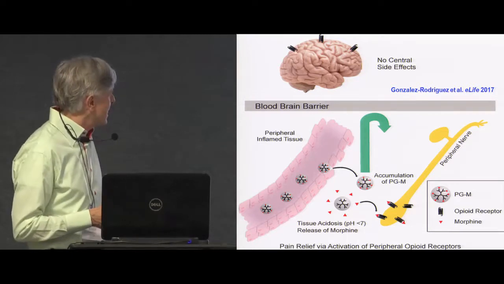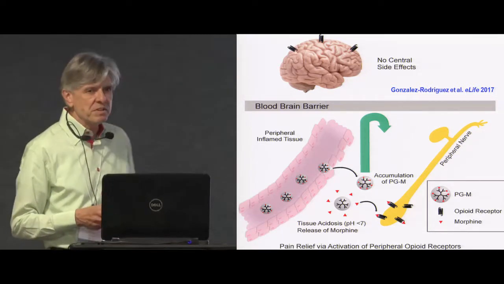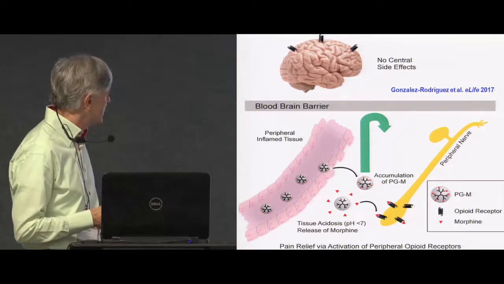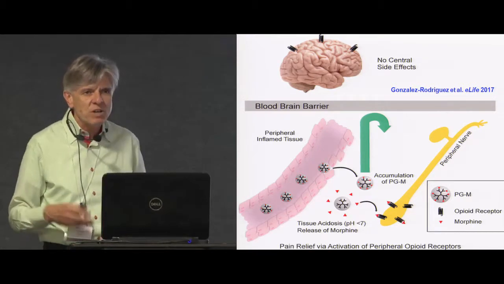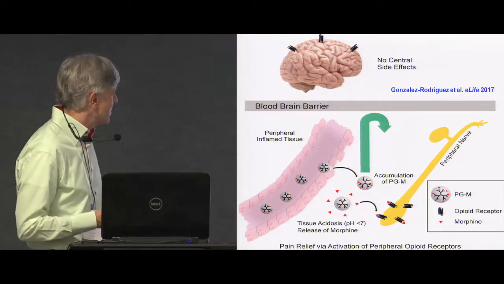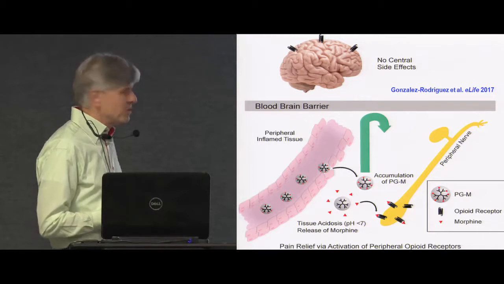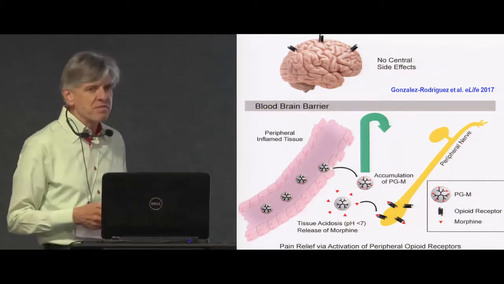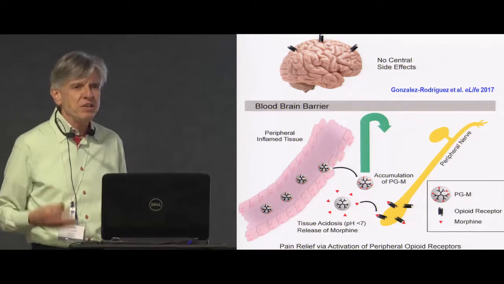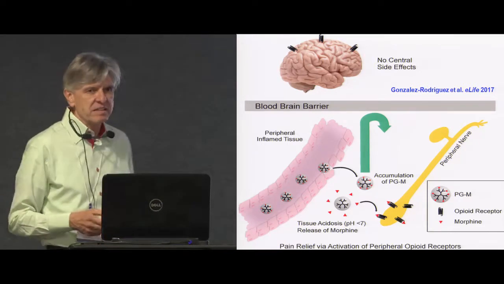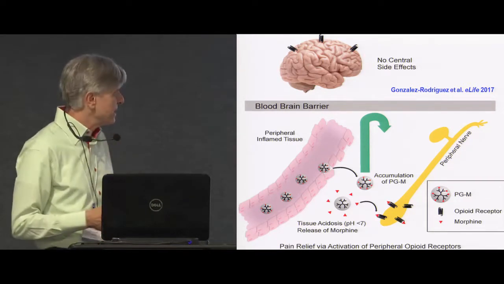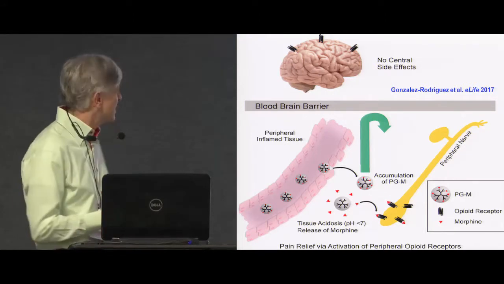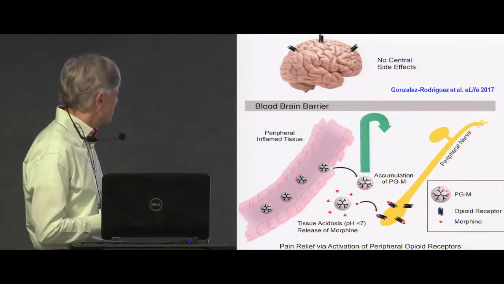So in the last part, I just want to give you a brief glimpse into the future. Of course, we want to exploit these peripheral effects in the future, and we're very actively working on new methods to make new agonists that only selectively act in the periphery to avoid side effects in the brain.